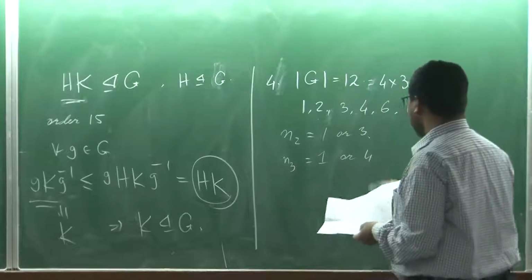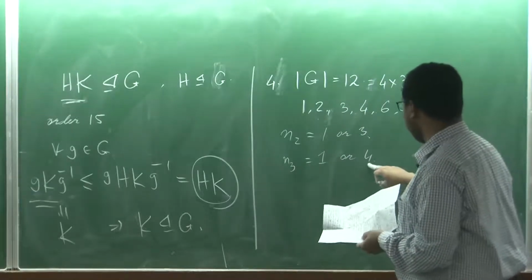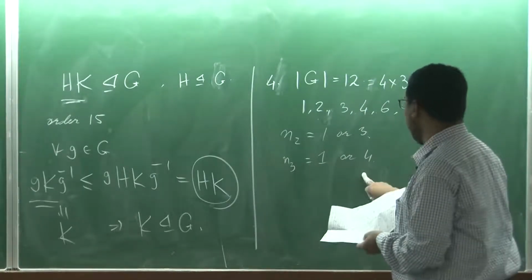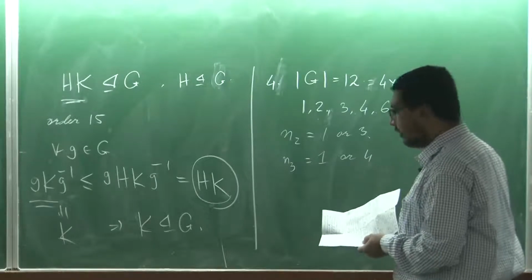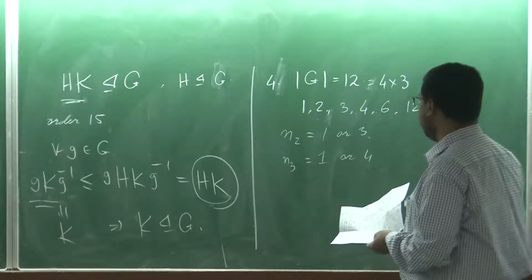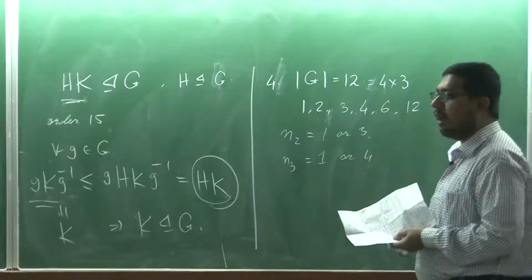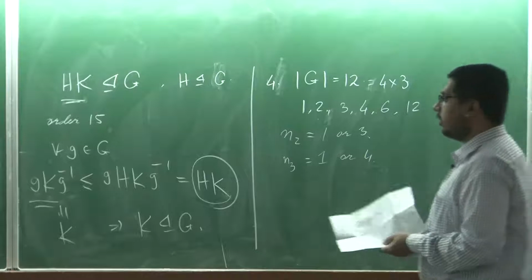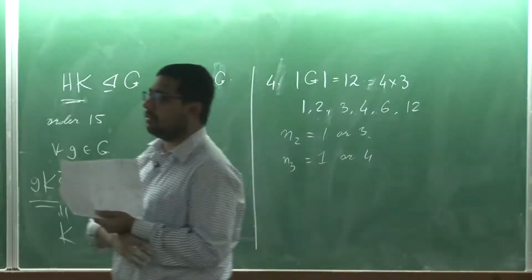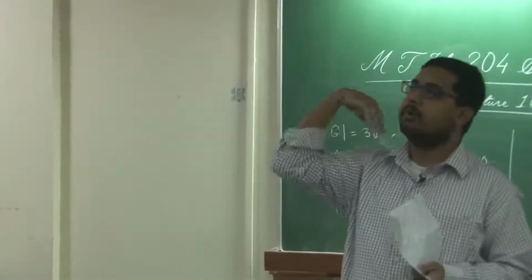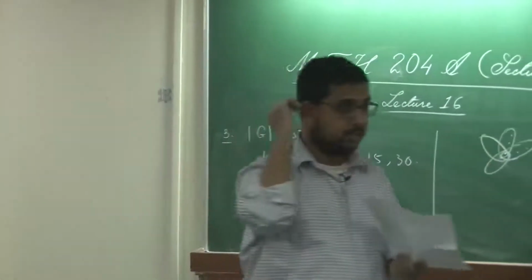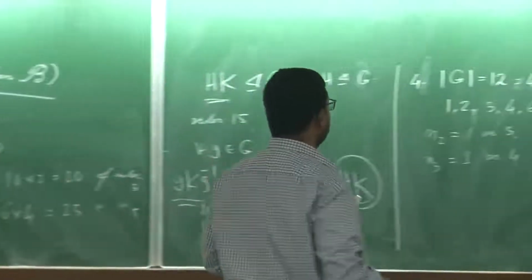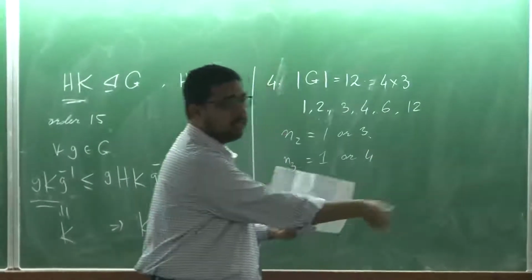That is easy to see, because if we have 4 subgroups of order 3, then we have 8 elements of order 3, and then we have at least one Sylow 2 subgroup. So thus that exhausts all elements in the group G, and hence there can be no other Sylow 2 subgroup, because already the counting is exhausted.